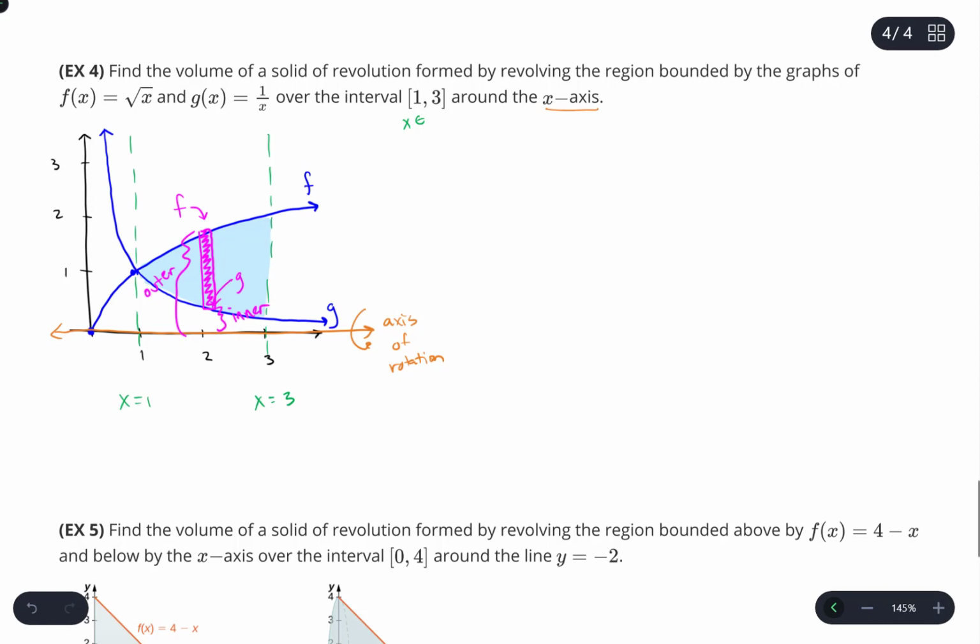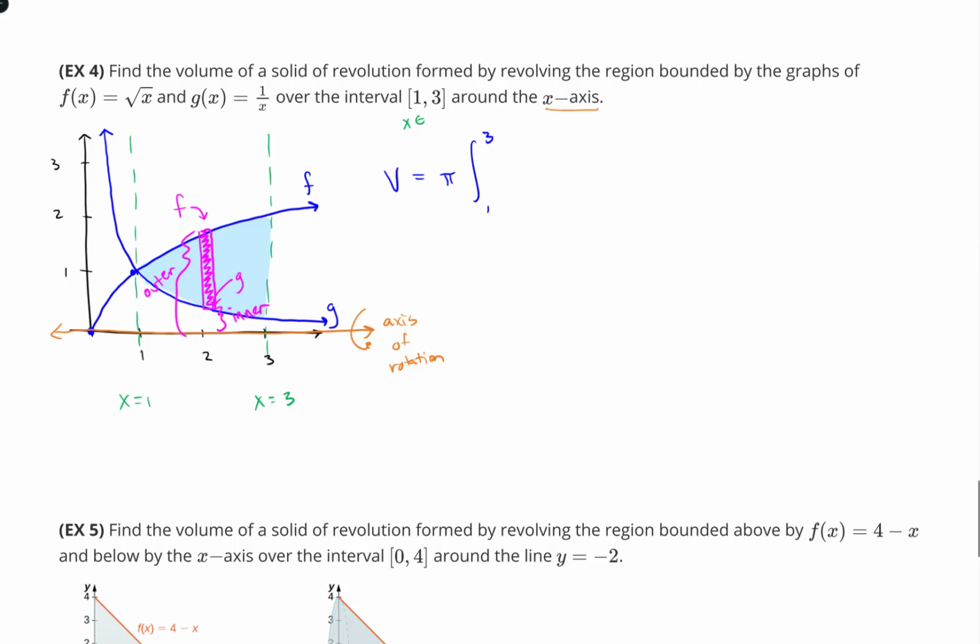Okay, so that pretty much gets us set up. The volume here, pi times the integral. We're integrating from 1 to 3 on the x, and we are still doing this dx because we have a vertical rectangle.